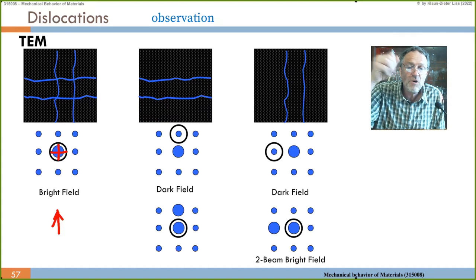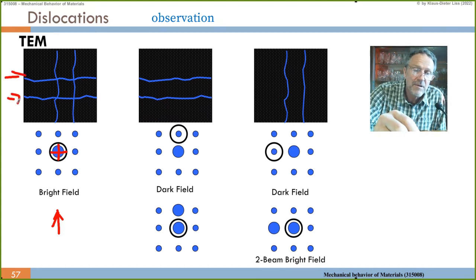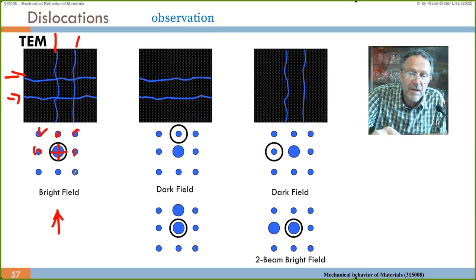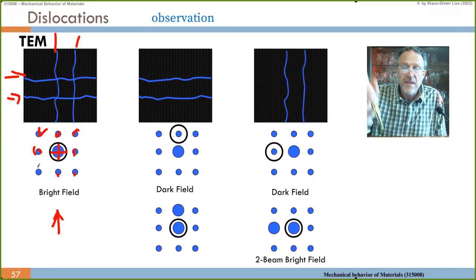Let's say you see horizontal dislocation lines, and you see vertical dislocation lines, because each of them scatters out some intensity into some of the other reflections. So you get a shadow, a shade of those dislocations in the bright field.